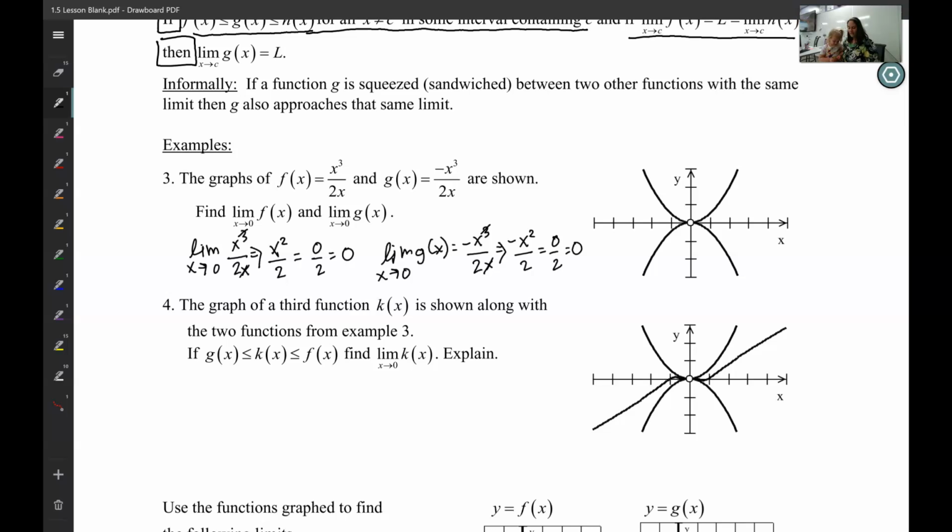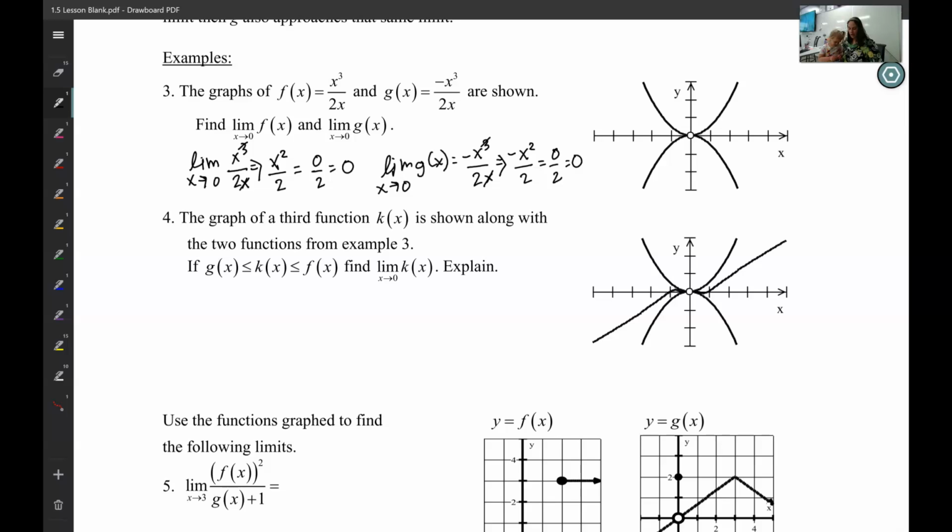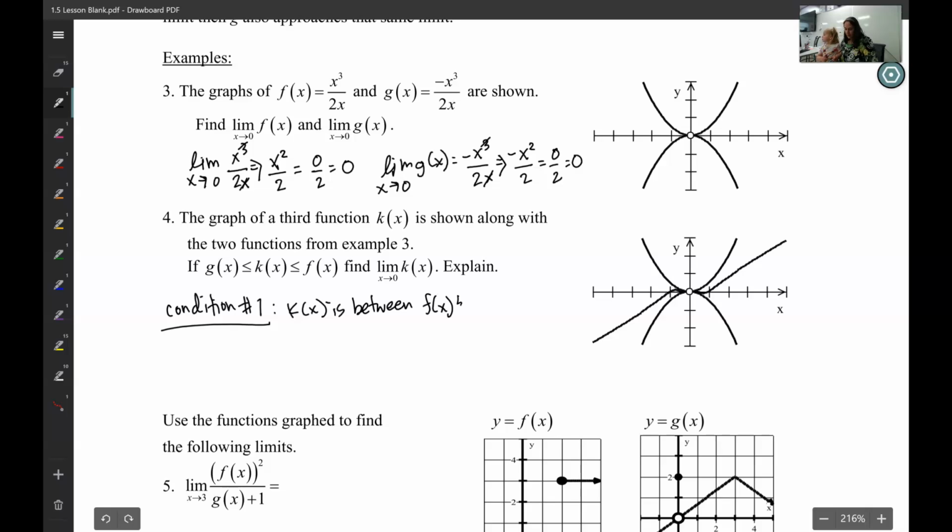So the limit of f of x and g of x are the same. Now I have a third function right here, k of x. It is sandwiched between my two others. Now because k of x, condition number 1, k of x is between or sandwiched between my other two functions. Yes, that is true. K is sandwiched between those.